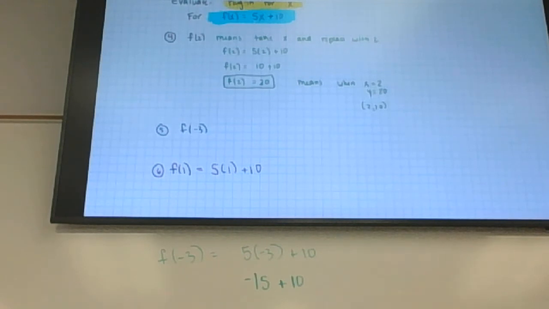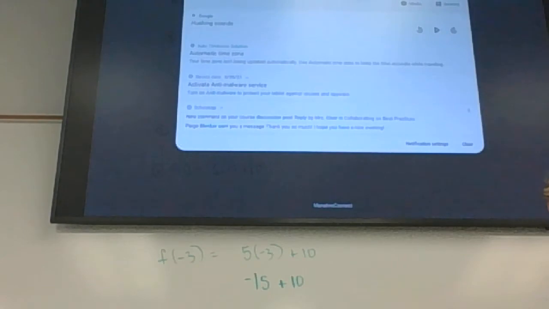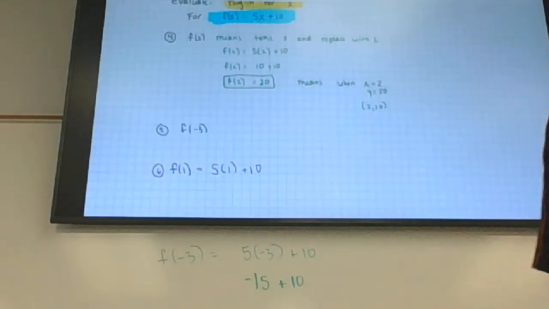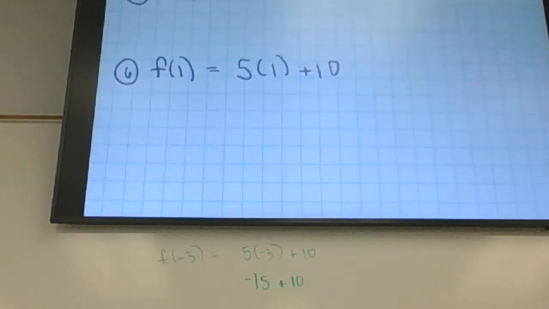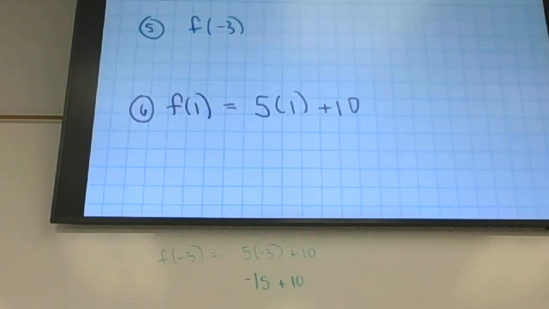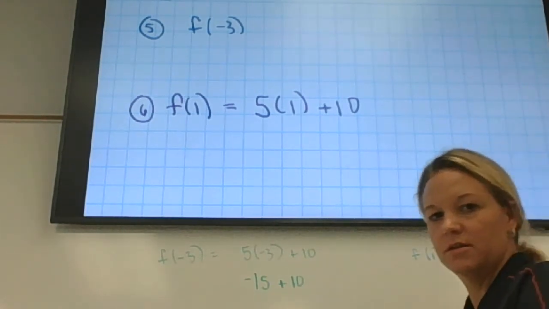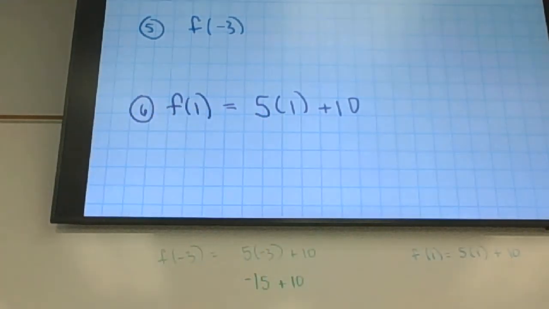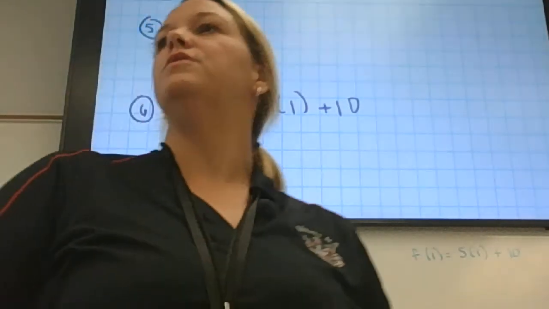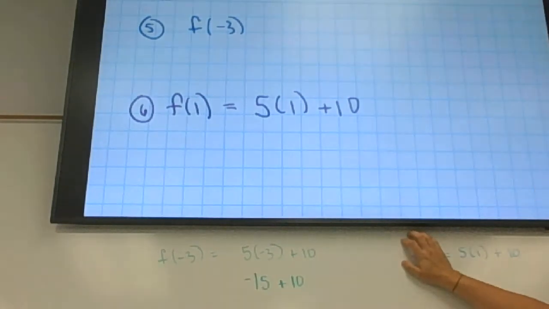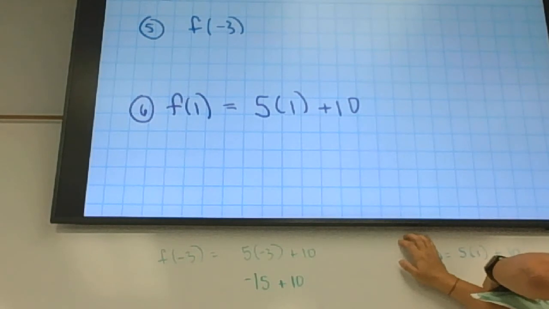All right, so we're gonna take the x out and put 1 in. F of 1 equals 5 times 1. So you just ignore this. It's not even a part of the problem. You can forget about it, and just do the order of operations.